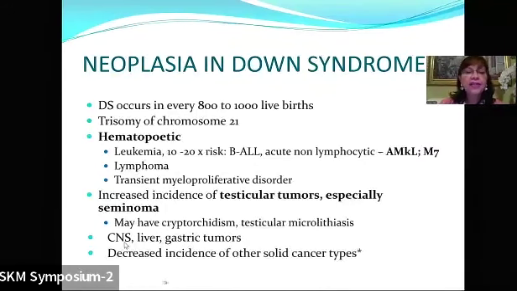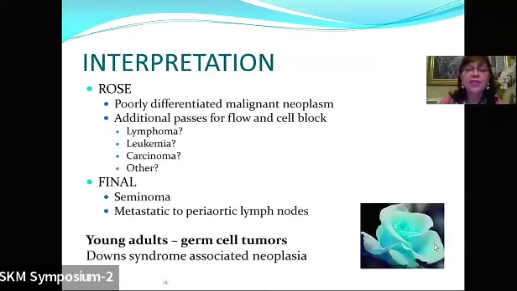But they can also get CNS and other tumors. However, there's decreased incidence of other solid cancer types in Down syndrome patients. And I think, well, perhaps it's lifestyle, they don't have as many risk factors, but actually it's trisomy chromosome 21. On that, you have an anti-angiogenic factor, so maybe that is protective for some of the tumors.